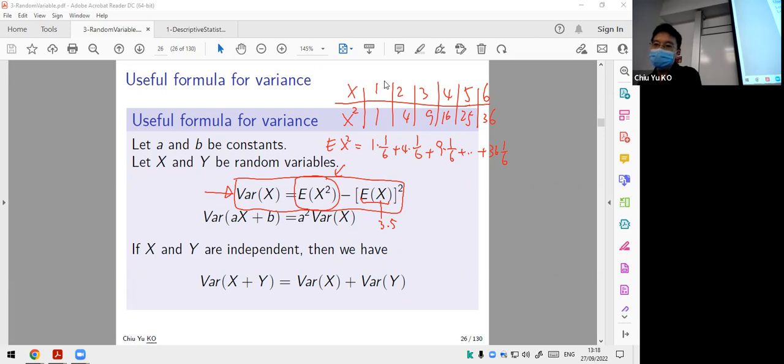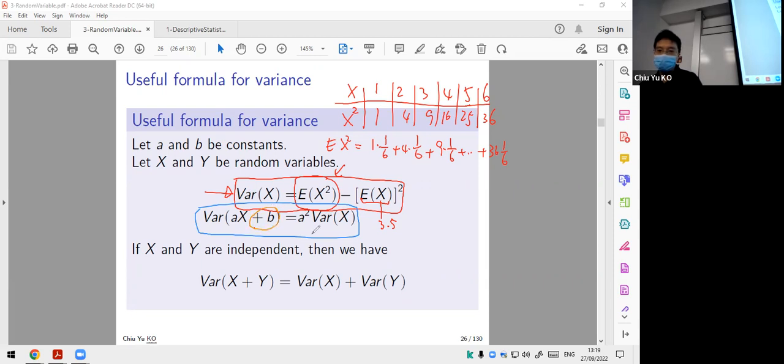Okay. The next one is a very important formula here. And of course, if you learned math in high school, you probably already know it. Okay. So this formula is something that has a deep interpretation. First, look at the variance. You can see I have a constant b at the end here, plus b.